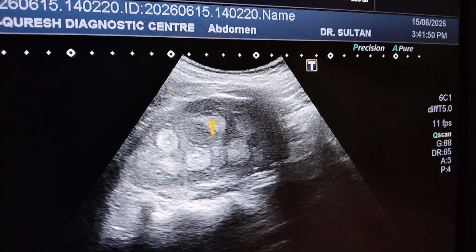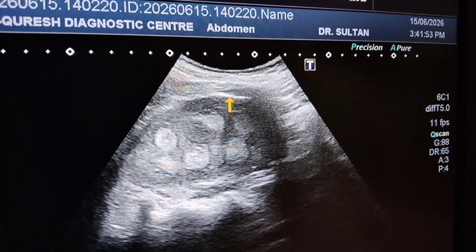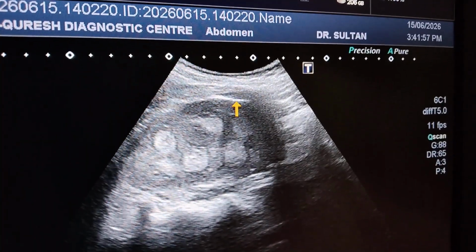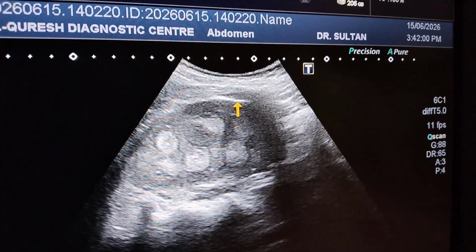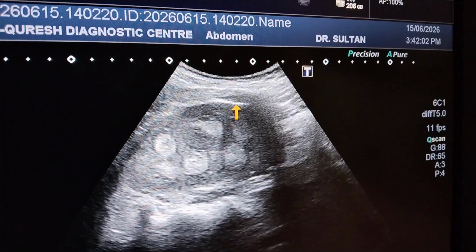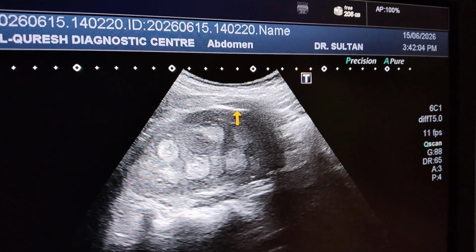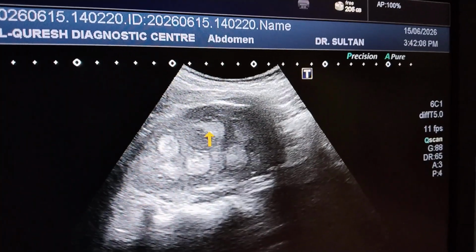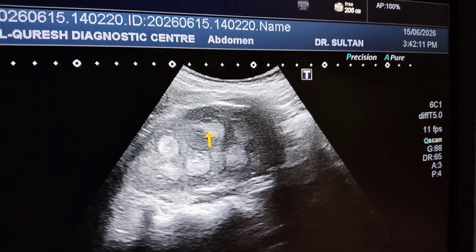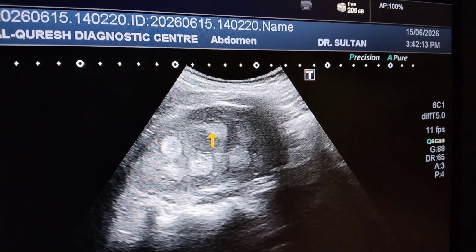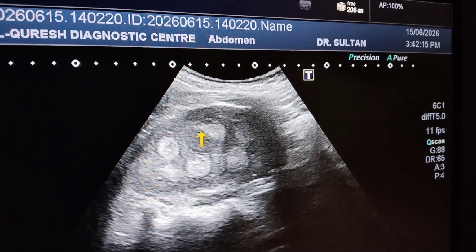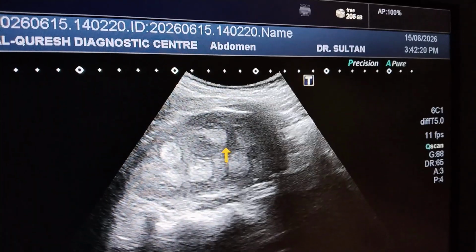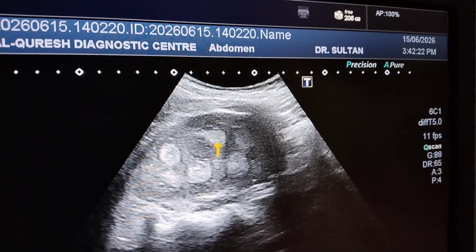Within the cortex glomeruli are present, and then the tubules, proximal and distal convoluted tubules, and in the pyramids, ducts are present, collecting ducts, loop of Henle, straight ducts, then small vessels.